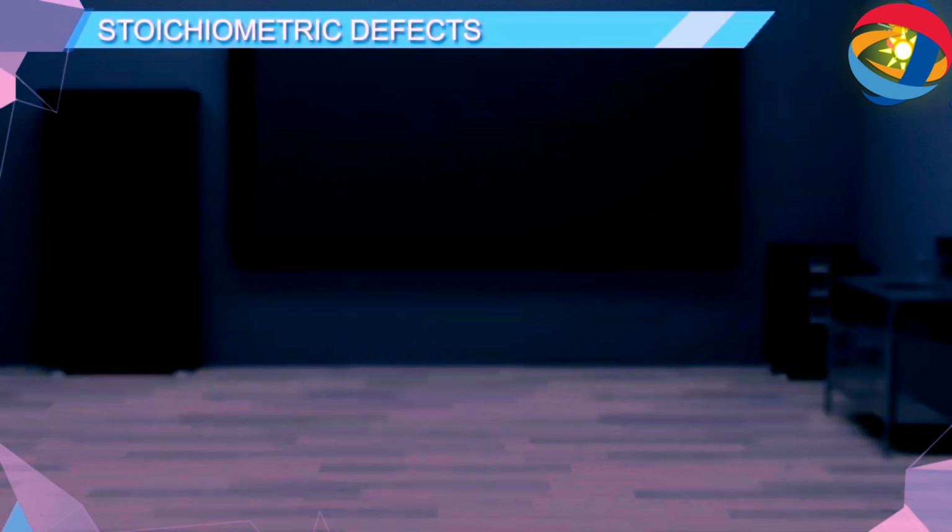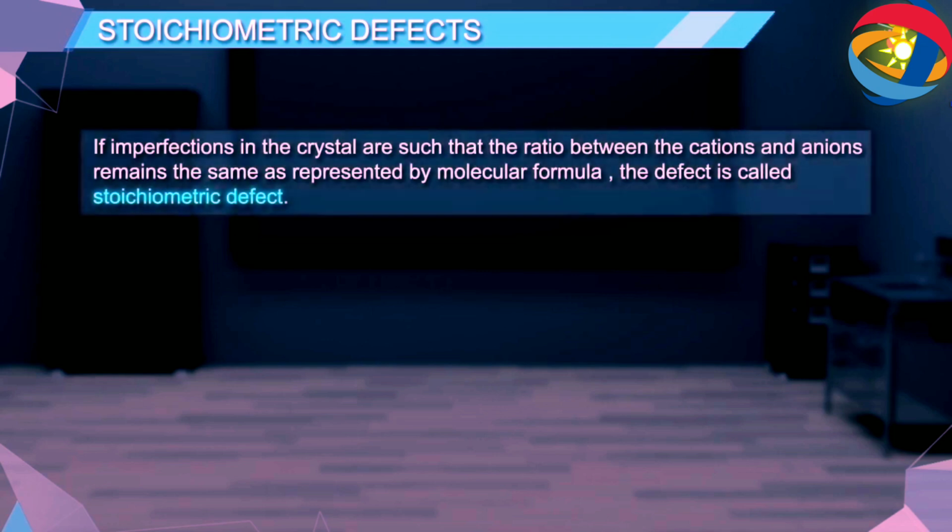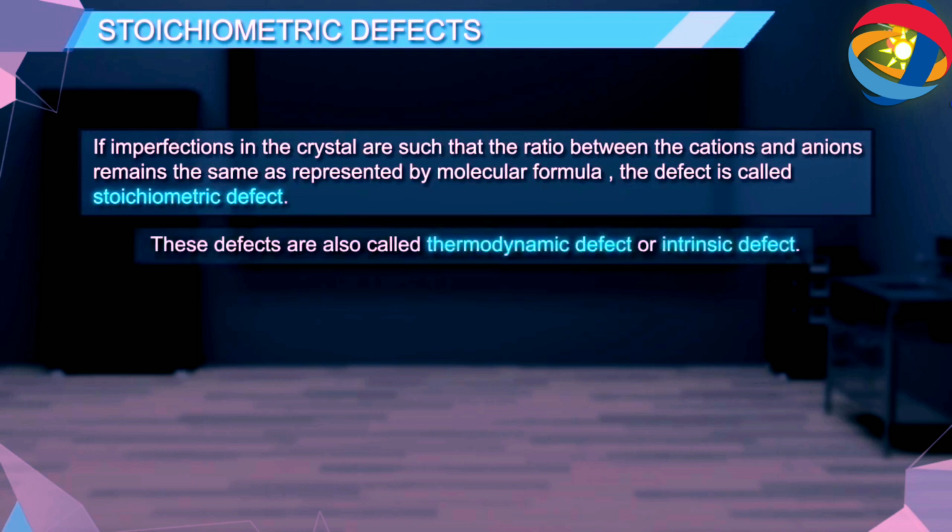Stoichiometric defects. If imperfections in a crystal are such that the ratio between the cations and anions remains the same as represented by molecular formula, the defect is called stoichiometric defect. These defects are also called thermodynamic defect or intrinsic defect.